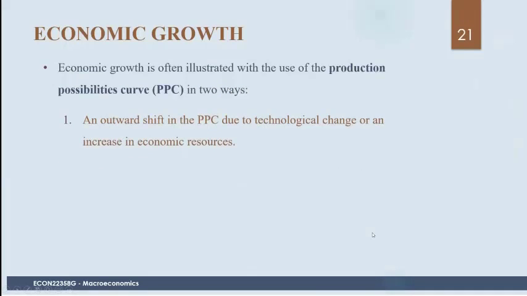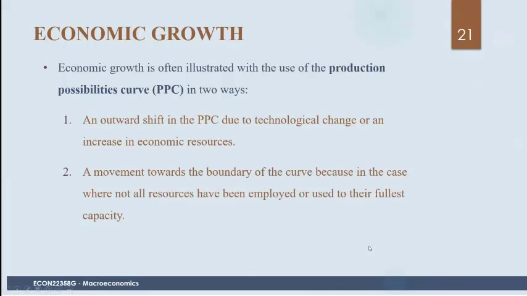The production possibilities curve is a good way just to illustrate the idea of economic growth. Obviously, we would represent economic growth with a shift outwards of the production possibilities curve, meaning we're increasing our potential, the amount that we could produce. If we were inside of the curve, the PPC, so a point, say, in the middle somewhere, that would be like a recession.